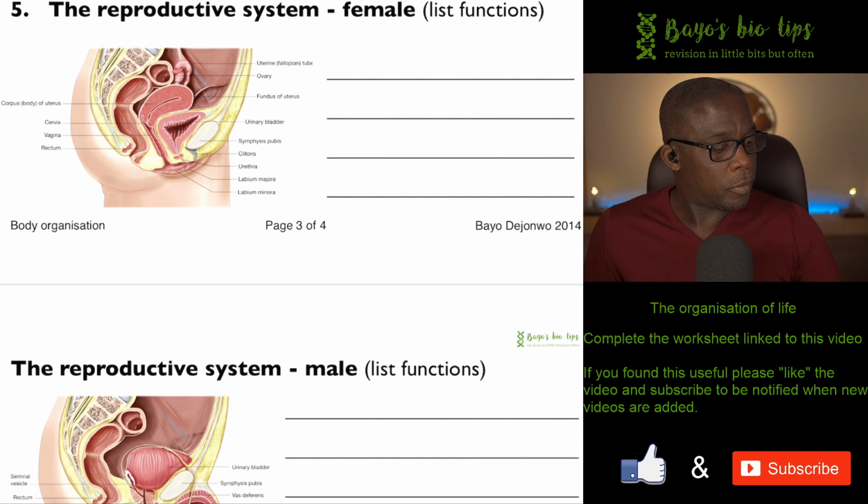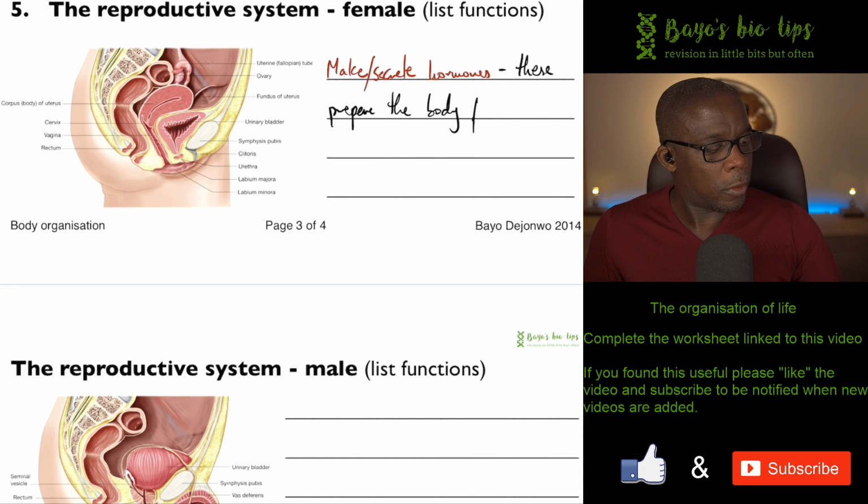So hormones. So they make and secrete hormones. These prepare the body for reproduction.